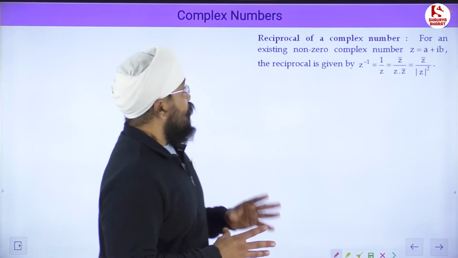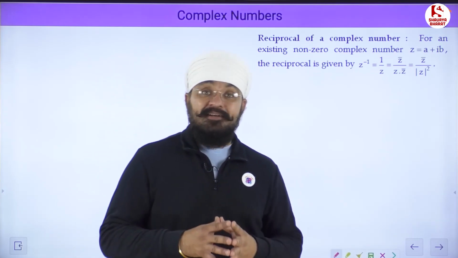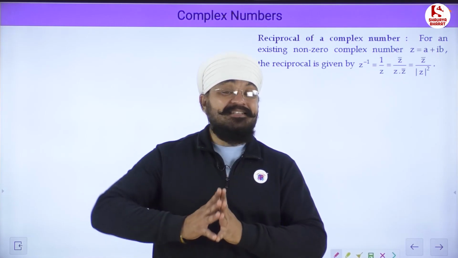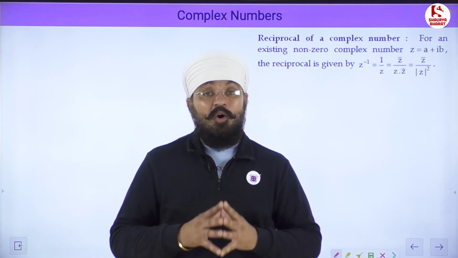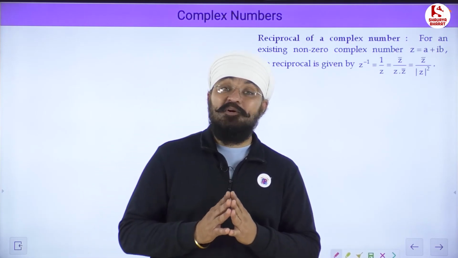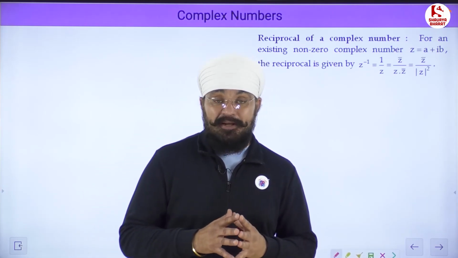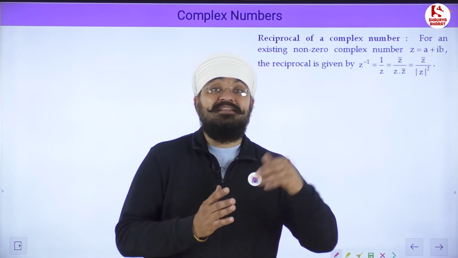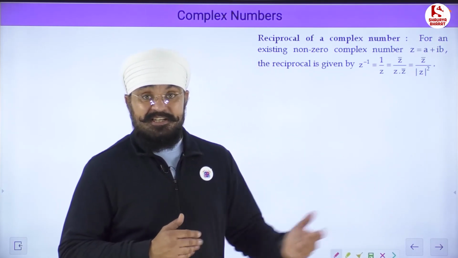Now, one last part with which we can solve questions later on is the reciprocal of a complex number. So, dear students, as we have studied multiplication, division has already been taken. Division is a multiplication of a complex number with its reciprocal.